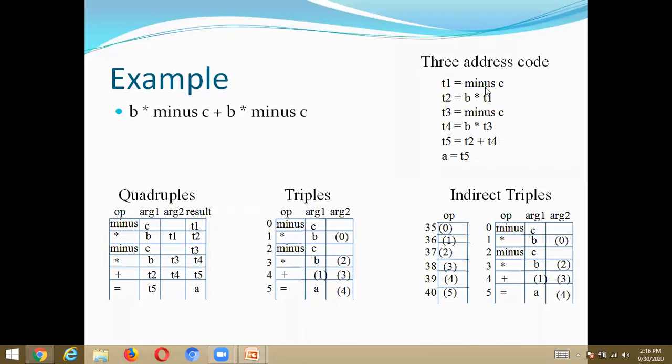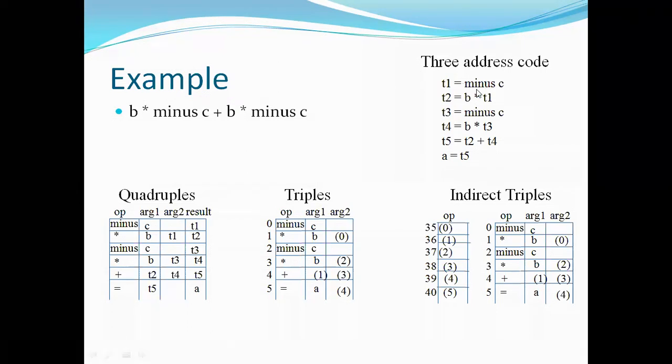And the result of this minus is stored in T1. That means the left hand side parts act as result variables. Whatever the left hand side part consists of in every translation statement comes under the result field. Make a note of this.